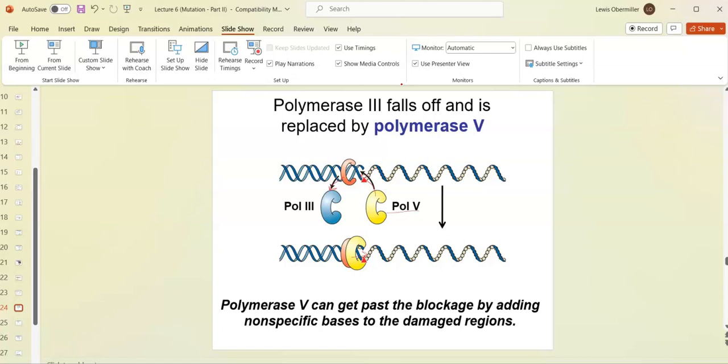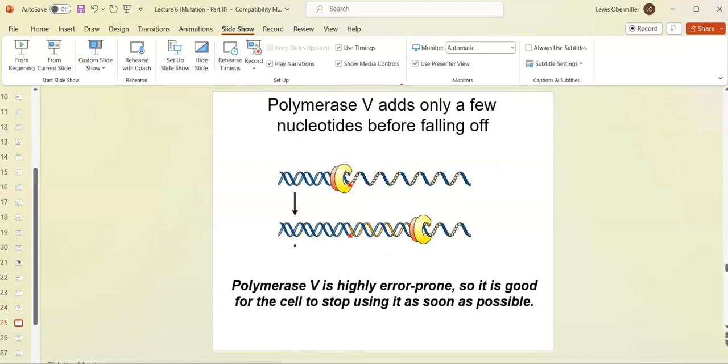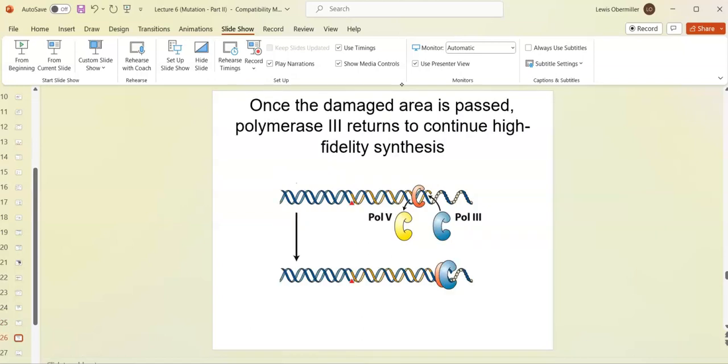Now, scientists can use this, right? Because sometimes we want to introduce mutations as geneticists. And so we can use these various polymerases that are terrible at proofreading to induce mutations in DNA. All right, so it's only going to add a few nucleotides, and like I said, it's not very good at sitting on the double helix at all, and so that is eventually replaced, and then the polymerase 3 gets back on and it continues replication.